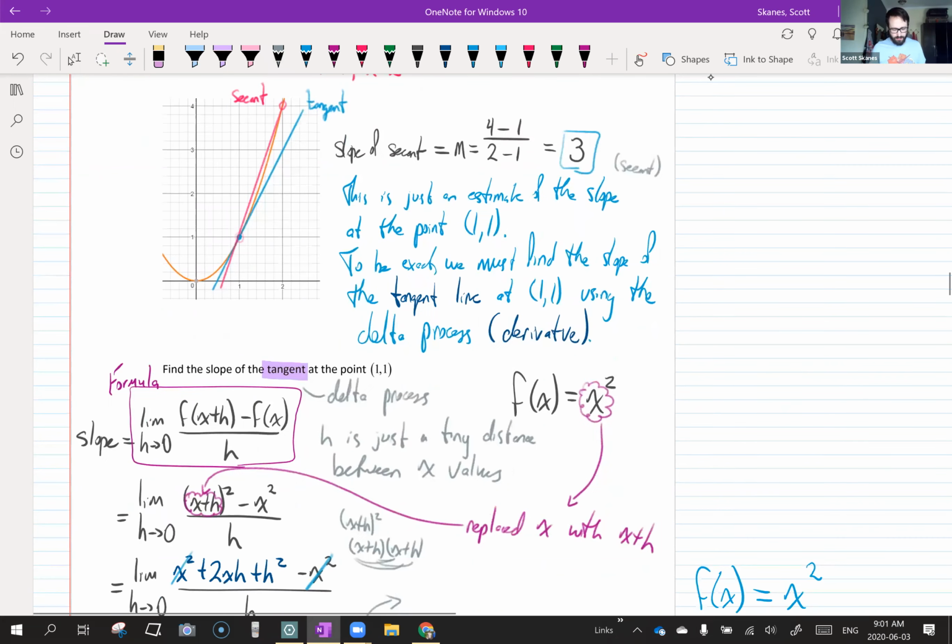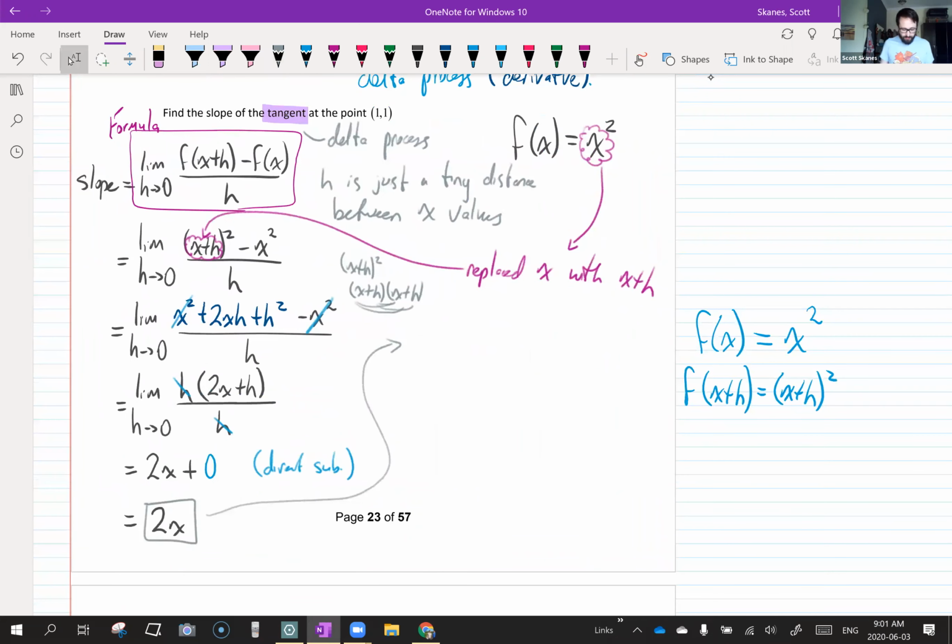Now, using the delta process, this 2x can give us the slope of the graph at any point. So let me write it out clearly. This is the derivative of the function x squared.